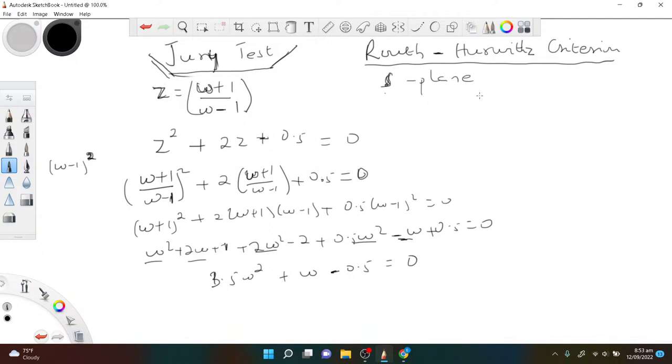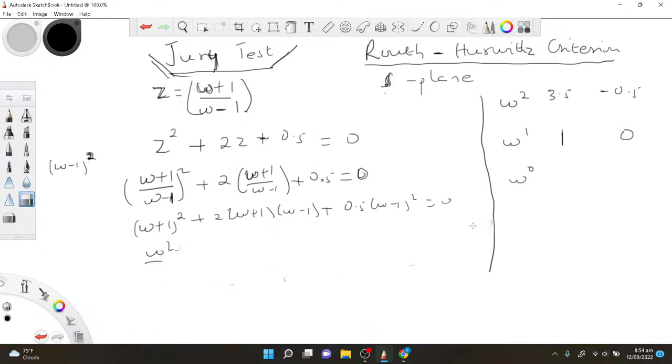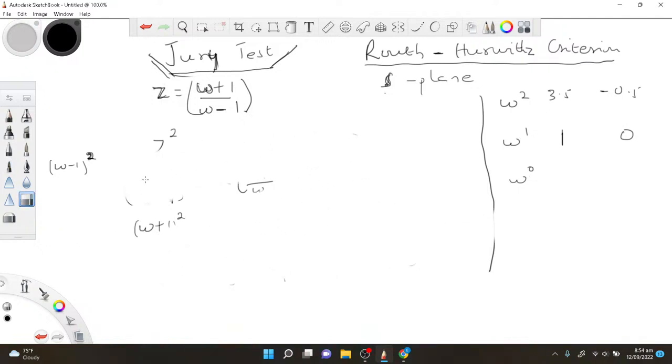Right, so from our first criterion, you just write w squared, w1, w0, and you write their coefficients: 1.5, 1, negative 0.5 and 0. Then from Routh's method, how to proceed from here, you're supposed to do negative of the determinant of a, b, c, d.